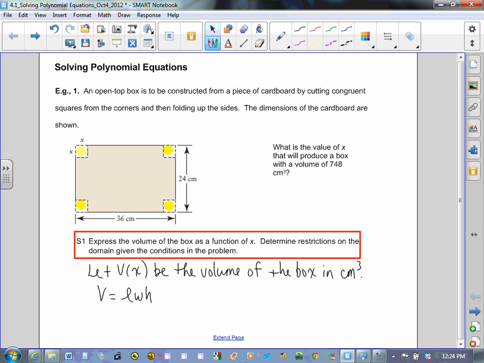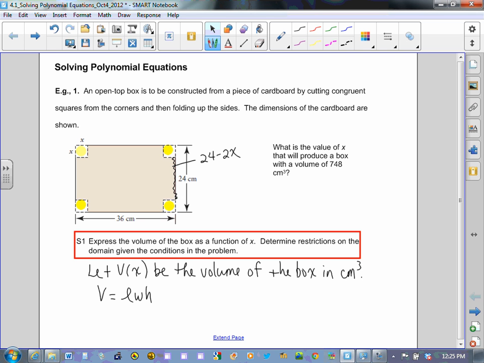If we look to the diagram, by subtracting out the values of x, what we're going to see is that this portion here, if I were to highlight that, we'd have a length of 24 minus 2x.